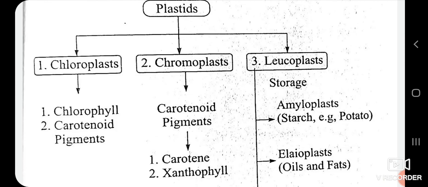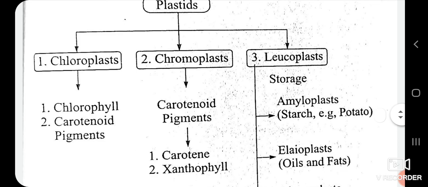You can observe the chart of the plastids. There are three types of plastids: chloroplast, chromoplast, leucoplast. Chloroplast has pigment chlorophyll and carotenoid pigments. Chromoplast has carotenoid pigments, and those are carotene and xanthophyll.